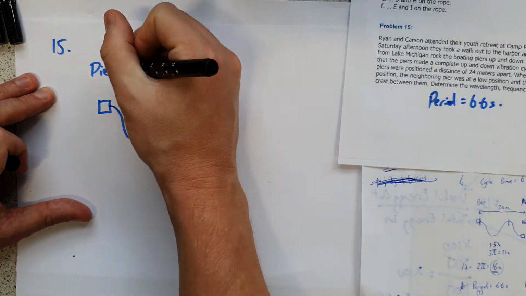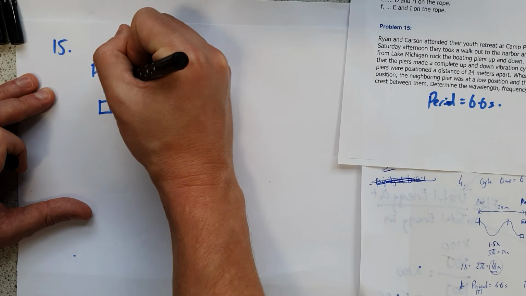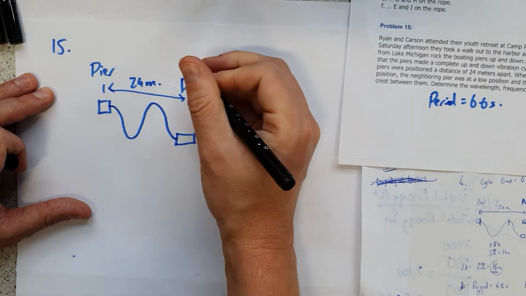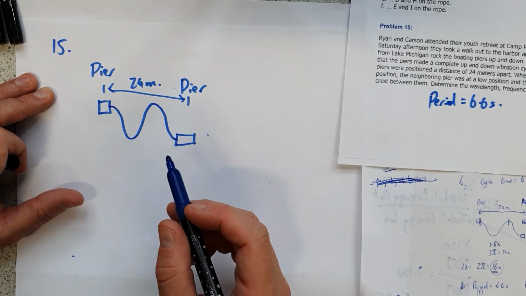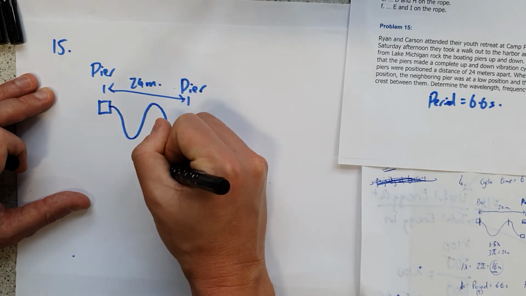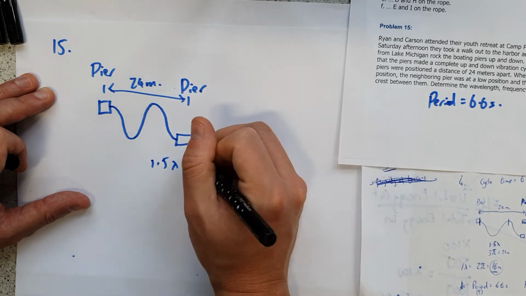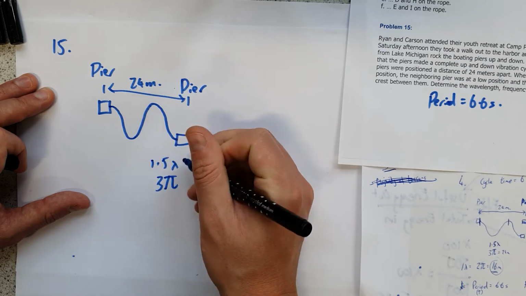And what we know is that this distance from here to here is 24 meters. So we can actually, from this, calculate some key things. So we know that this is going to be 1.5 wavelengths from pier to pier. Now that's 3 pi.